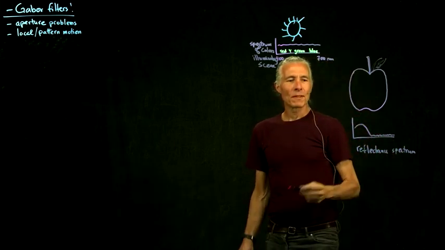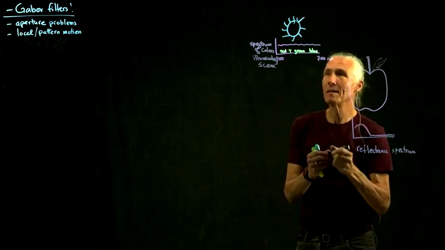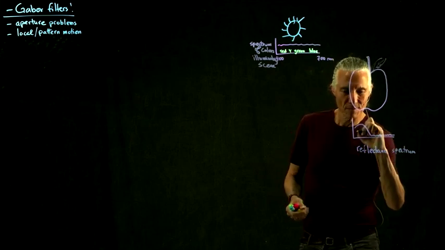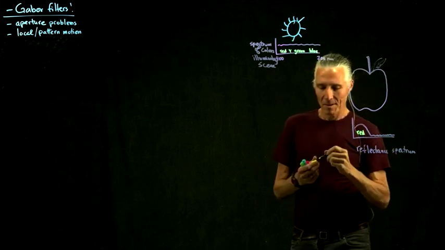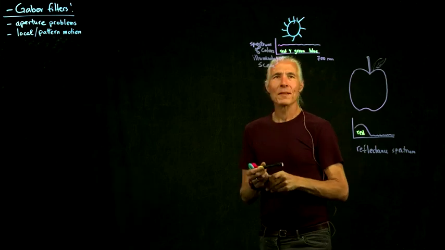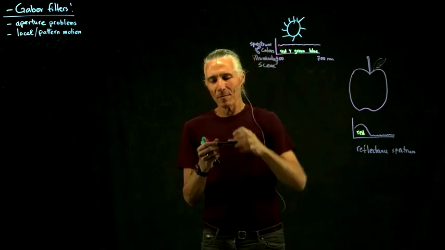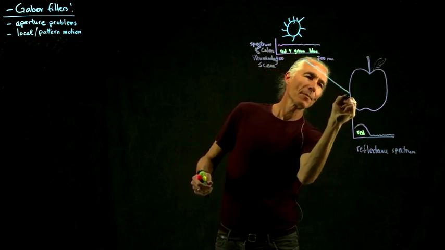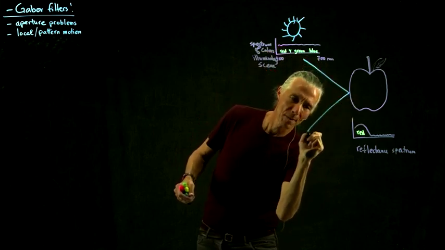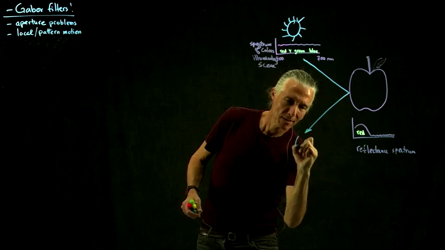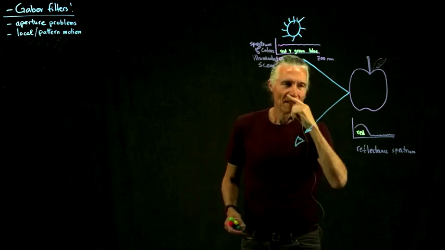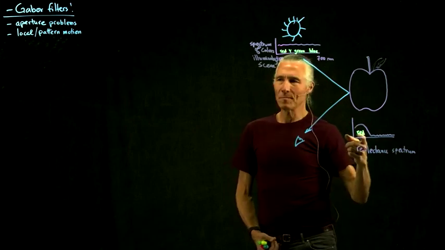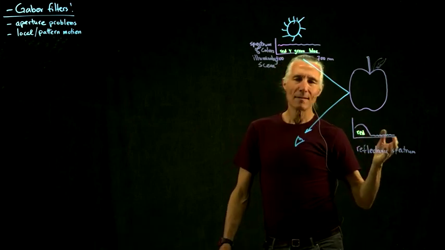So this is red here. It reflects the red. When we take this spectrum and project it onto the apple, and it bounces off the apple, and then we look at it, here's our eye, we can say, oh, that's a red apple, because the red got reflected off and everything else got absorbed.